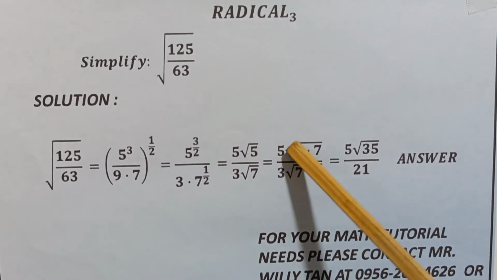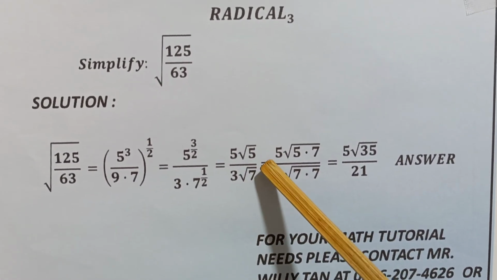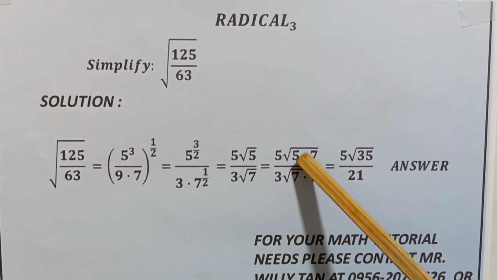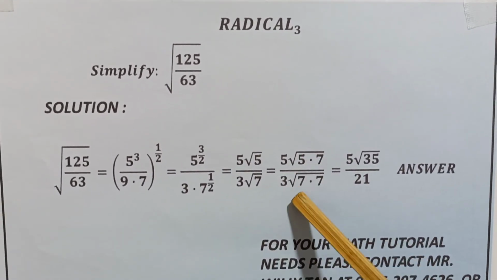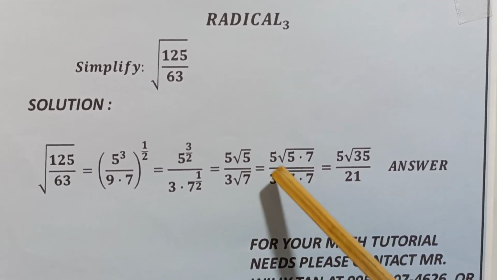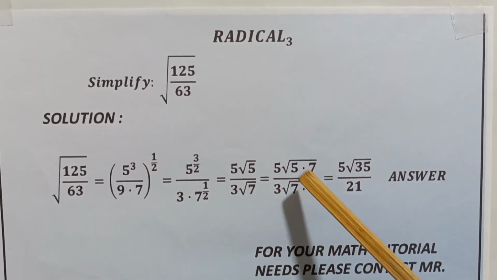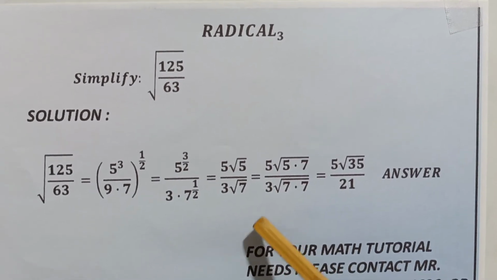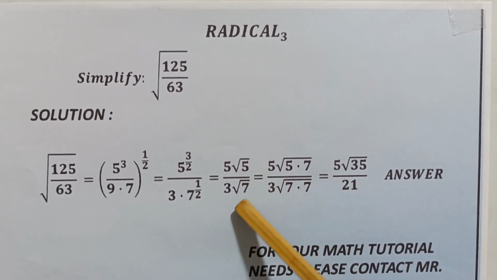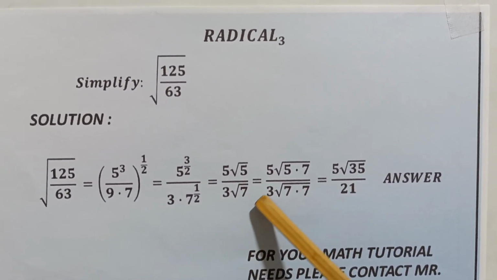So this one, we just combine the numerator and denominator. So this one becomes 5 square root of 5 over 3 square root of 7. We multiply both numerator and denominator so as to make this denominator here a perfect square. No? To do that, you multiply the denominator by itself, which is the square root of 7. No?